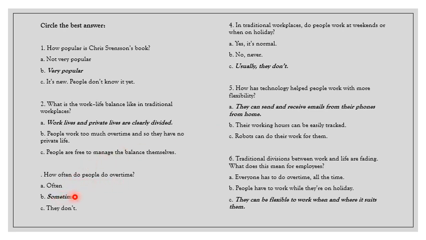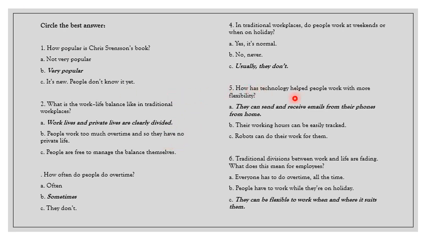Sometimes, because he says people sometimes stay late in the office and work in the evenings. Okay. In traditional workplaces, do people work at weekends or when on holiday? Well, usually they don't, because the writer says the evenings, weekends and holidays are free to focus on non-work areas of life.